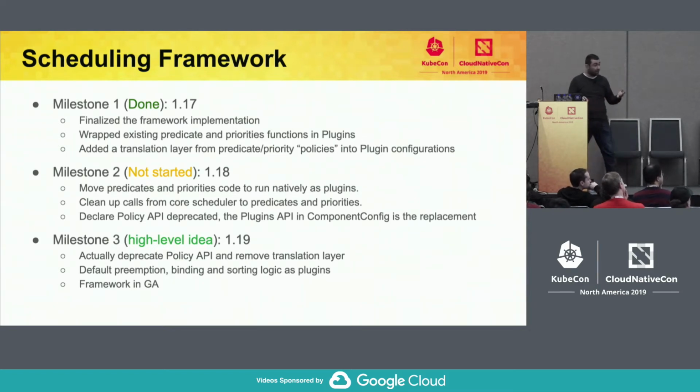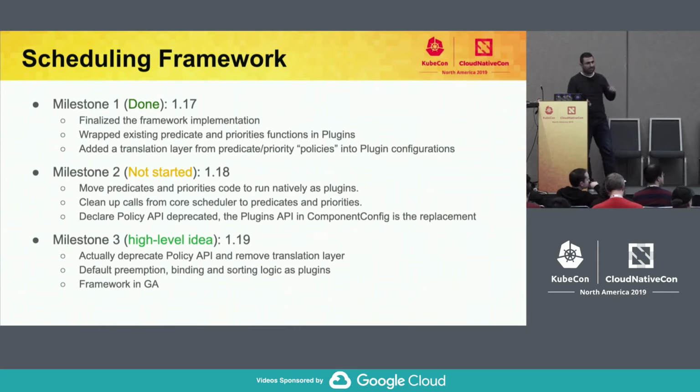It required us, I think, over 100 PRs in the past few months. So it was a massive effort. During that, we don't want to break existing functionalities. We don't want to break the existing APIs that allowed users to define predicates and priorities through what we call policy files.